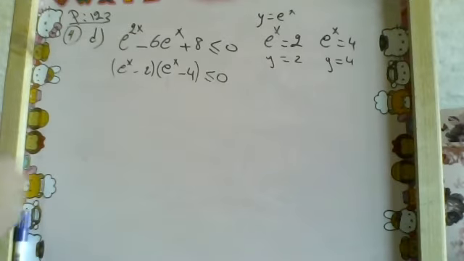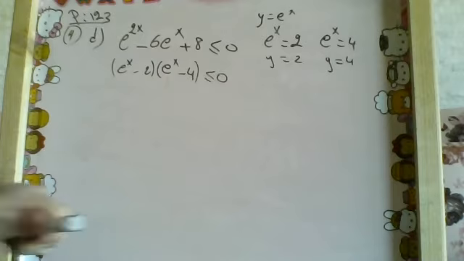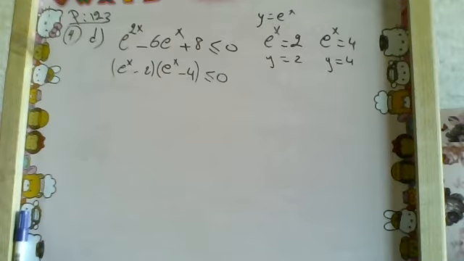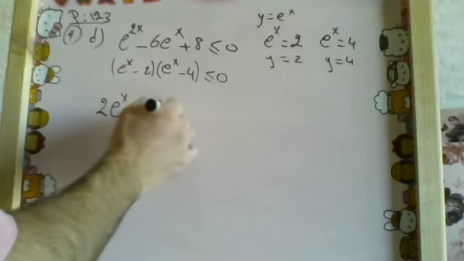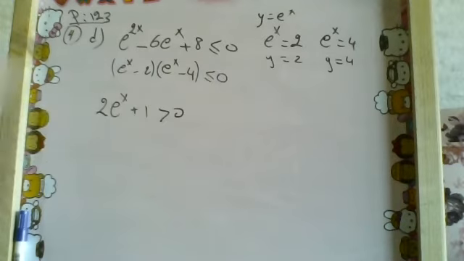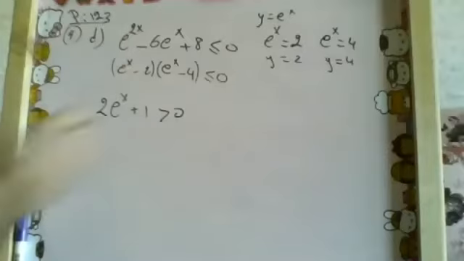Here you can't do as we did in the first way we solved the previous exercise, because e power x minus 2 is not positive for all values of x, and e power x minus 4 is not strictly positive. Before, we had e power x plus 1, or 2 e power x plus 1, which is strictly greater than 0, so you may divide by this number without changing the inequality.